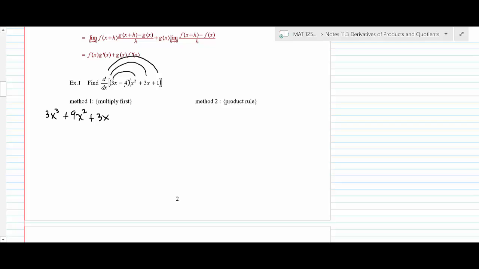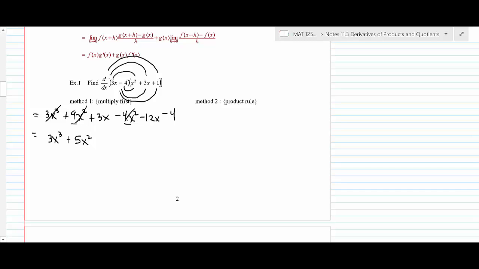Now distribute the negative 4. So now you'll have minus 4x to the second. Then negative 4 times 3 is negative 12x. And then negative 4 times 1 is negative 4. Okay, so that's your multiplication. Are there like terms that can be put together? Yeah, so put your like terms together. 3x to the third will come down. 9x squared minus 4x squared is plus 5x to the second.